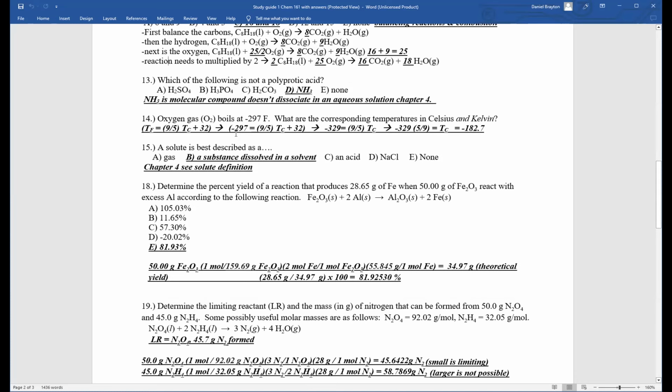14 is another temperature one. It's talking about oxygen gas, giving us the temperature that it boils at. So the Fahrenheit and the Celsius scales both have negative numbers, which is why we don't use them in the chapter on gases that we'll get to. I forget if that's next or 2 chapters ahead. Anyway, the point of it is we'll do some math and we'll have a formula called the ideal gas law.